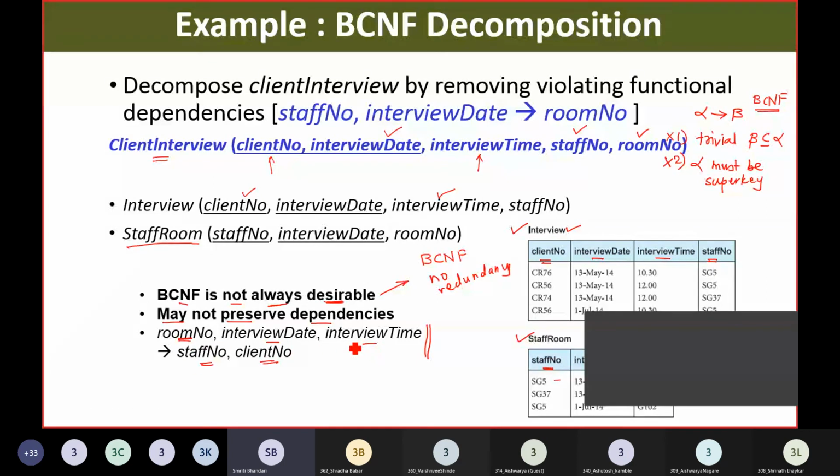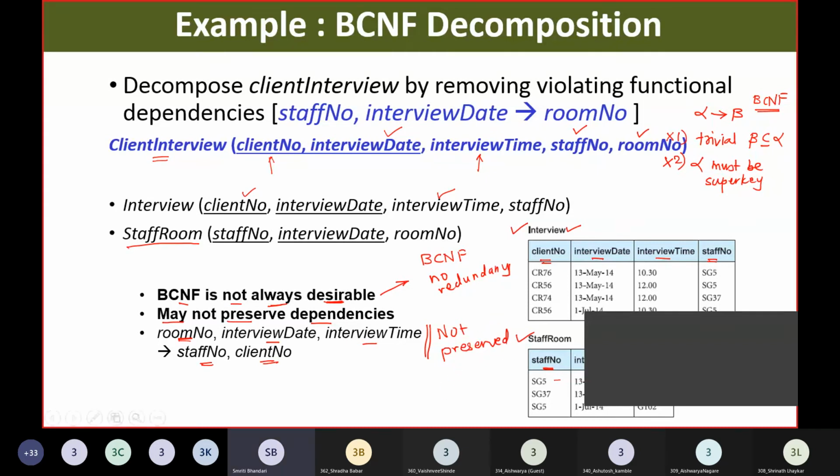So if a few of the attributes on the left hand side are present in one relation and a few in the other relation, then we say that this dependency is not preserved.